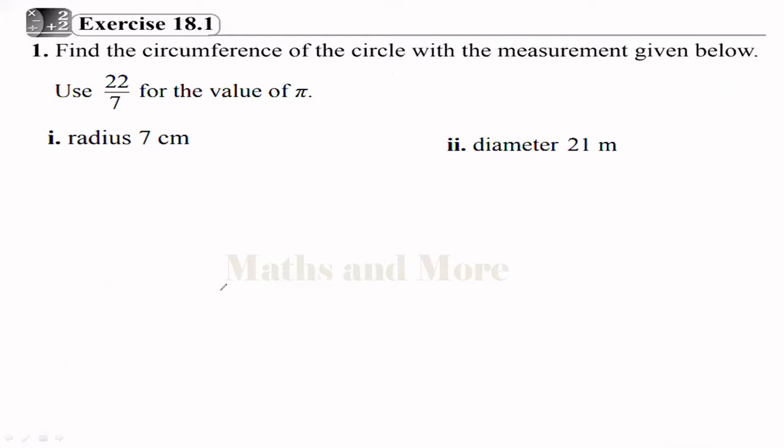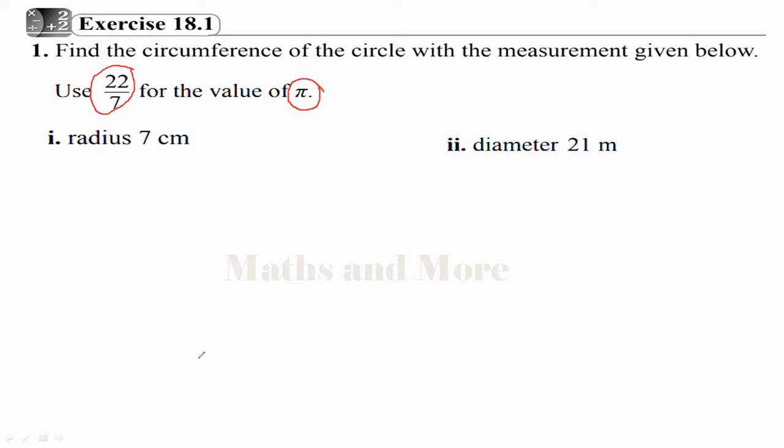Find the circumference of the circle with the measurement given below. Use 22/7 for the value of pi. They have given the radius.